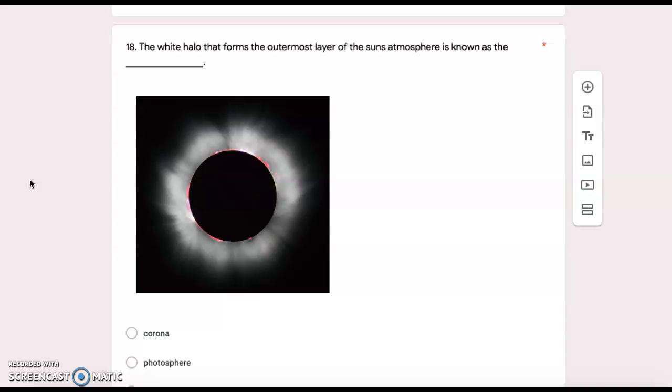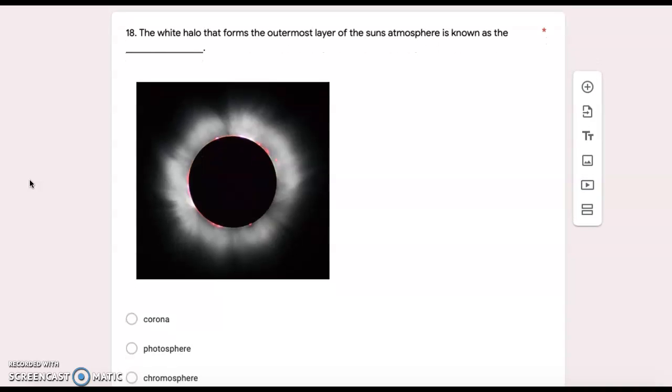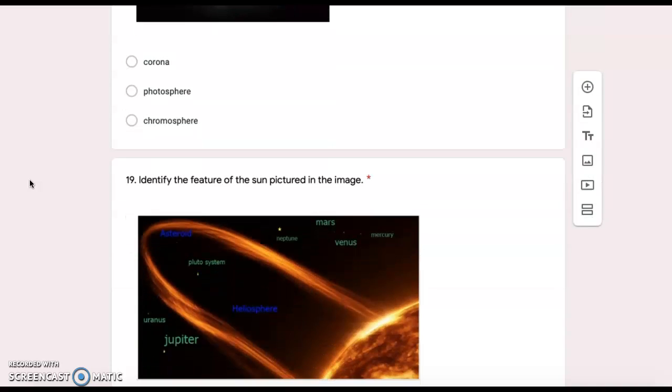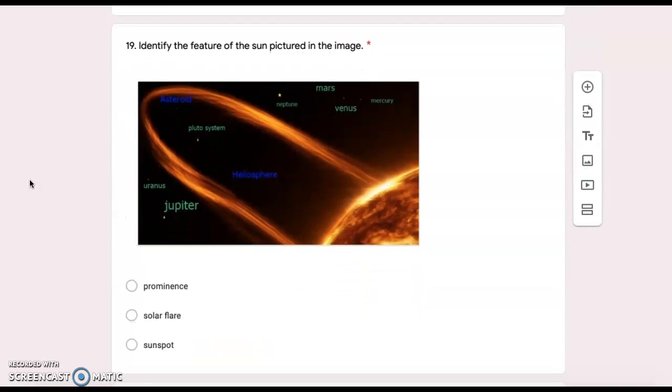18. The white halo that forms the outermost layer of the sun's atmosphere is known as the corona, photosphere, or chromosphere. 19. Identify the feature of the sun pictured in the image: prominence, solar flare, or sunspot.